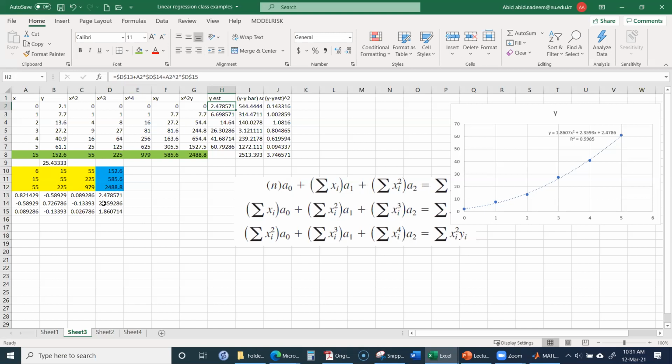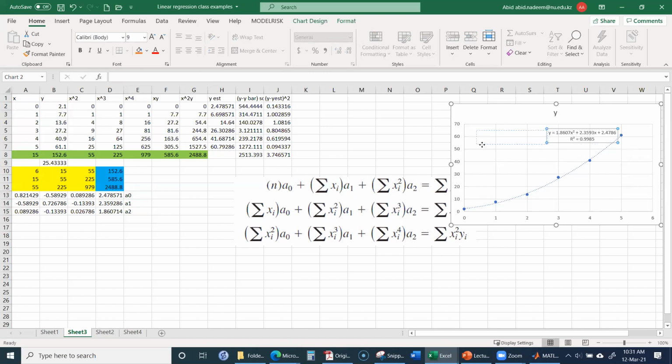The equation will be, because this will be the coefficient of a naught, this will be the coefficient of a1, this will be the coefficient of a2. So the equation will be a naught plus a1x plus a2x square.